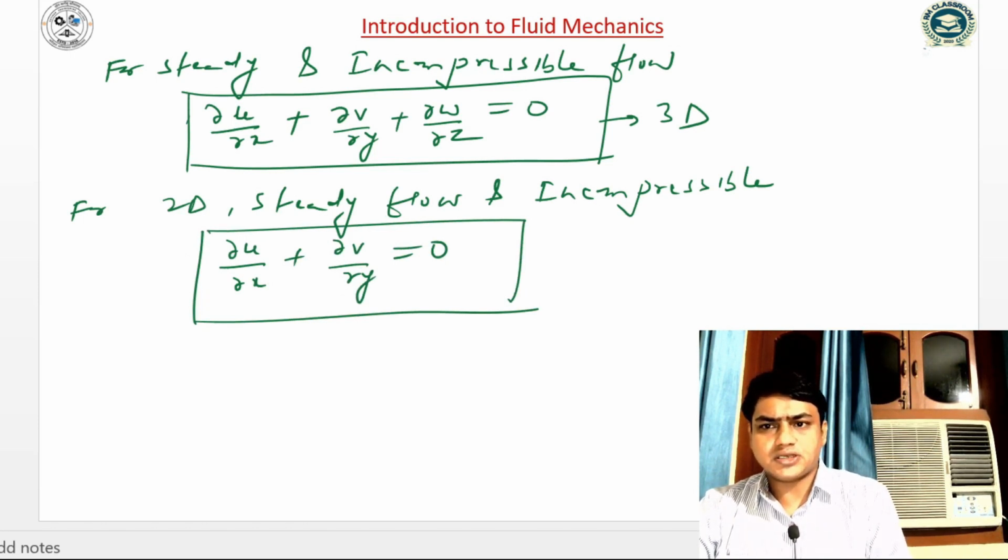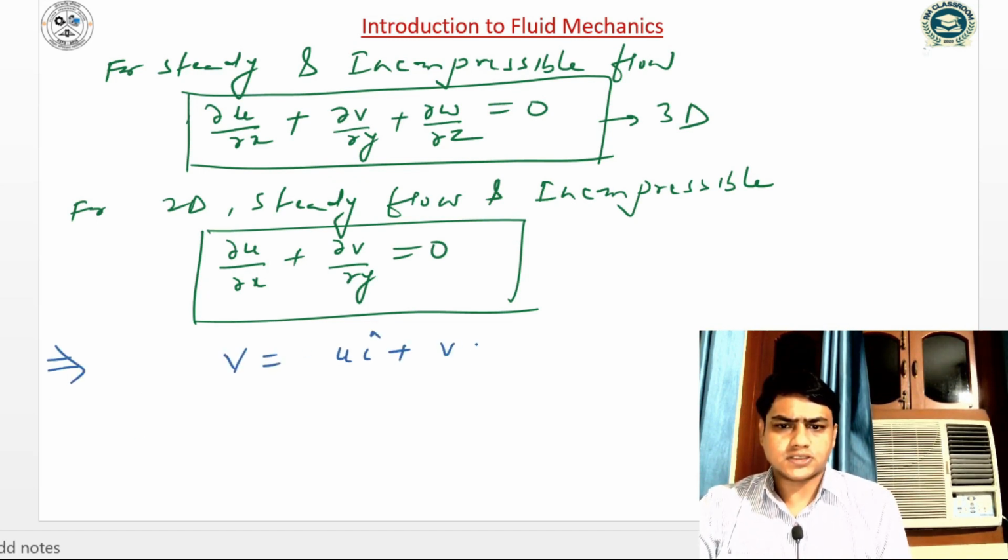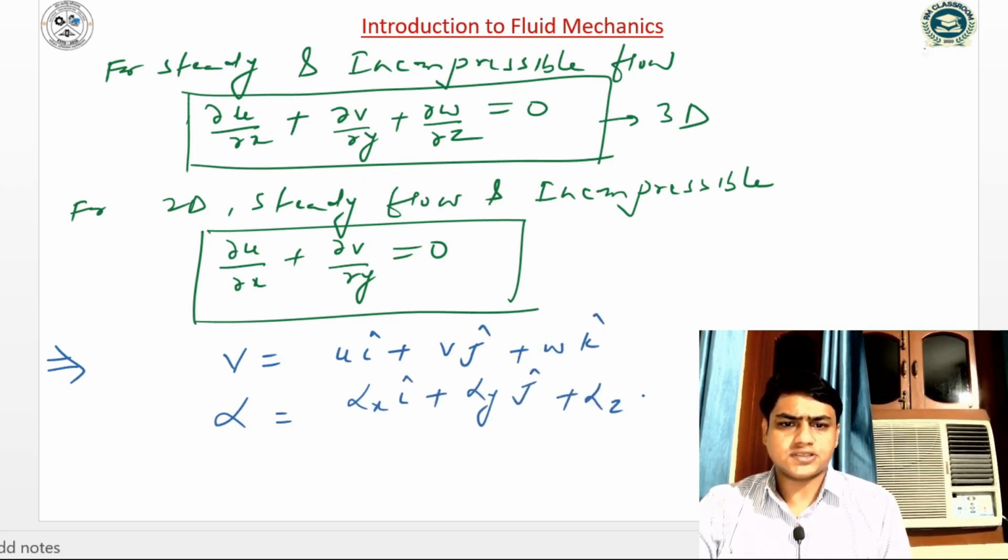After that, I discussed if the velocity component is given. Let us assume the velocity is given as ui plus vj plus wk, and the total acceleration alpha can be written as alpha x i plus alpha y j plus alpha z k, where alpha x, alpha y and alpha z are the accelerations in x, y and z direction.